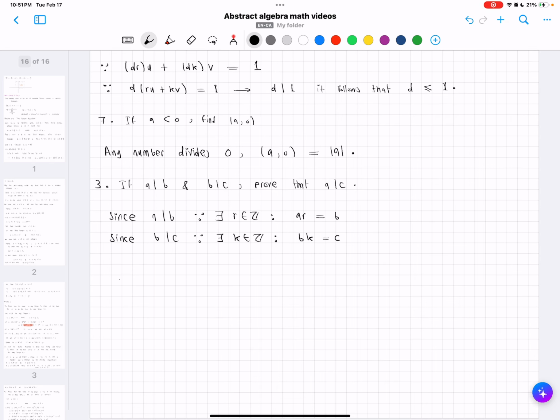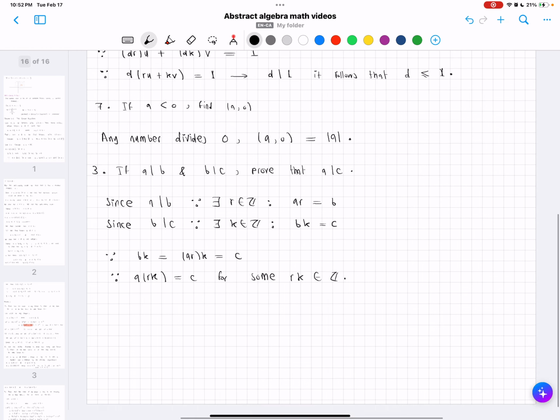So replace b by ar, and then that means that a divides c. So therefore b times k, which is equal to a times r times k, is c. So therefore a times r times k is equal to c for some rk belonging to Z. Okay, perfect.